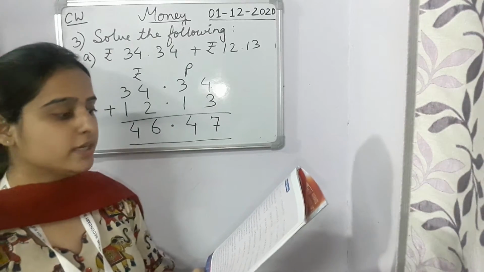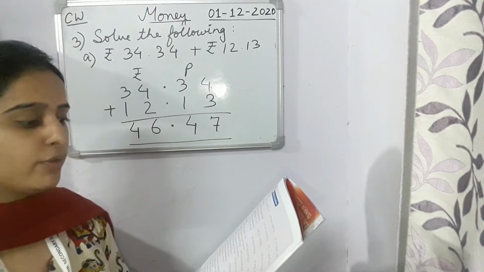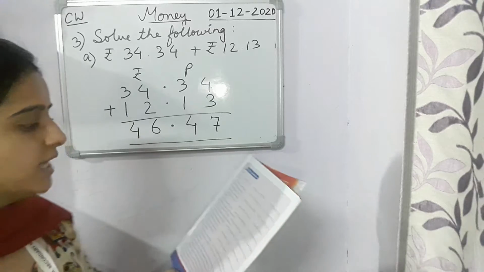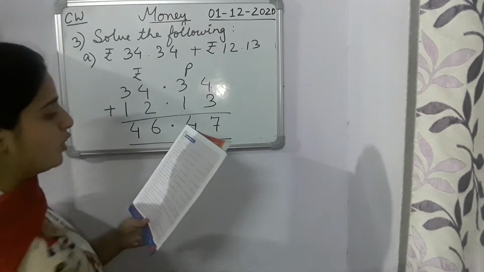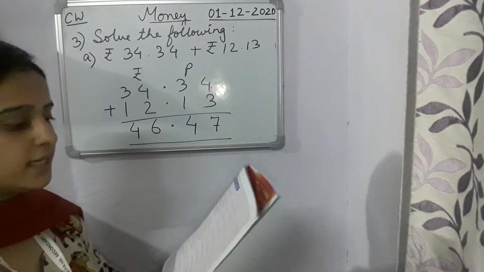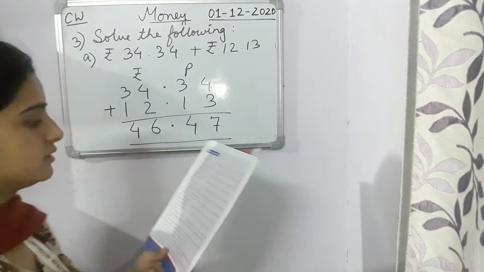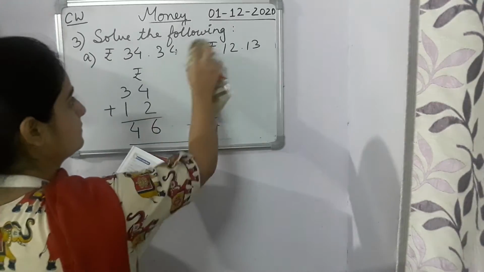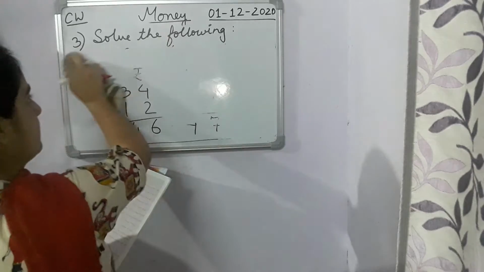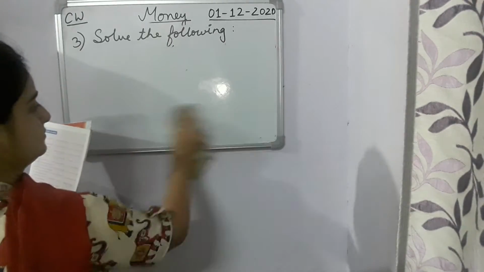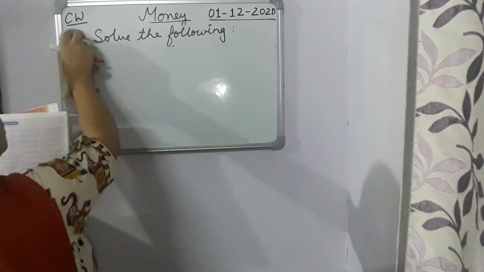Then again children, question number 4, solve the following is again addition. So I'll do one for you so that you can do B and C as homework. Question 4.